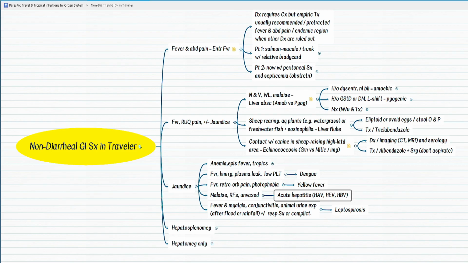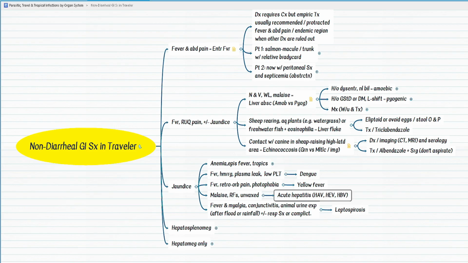Okay, let's move on to patients with organomegaly. When it comes to organomegaly in travelers, I would like you to always differentiate two possible scenarios: those with both hepatomegaly and splenomegaly versus those who only have hepatomegaly.